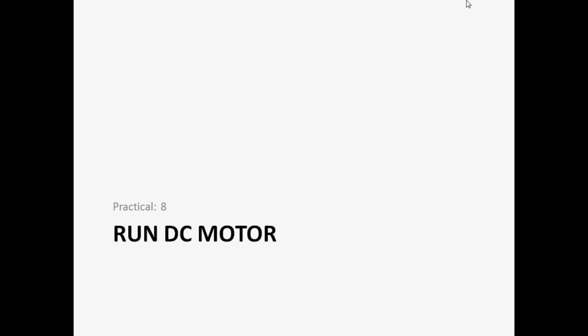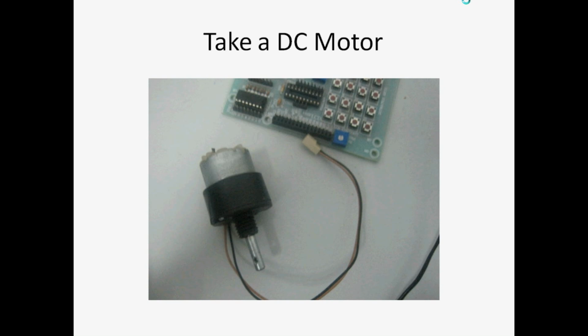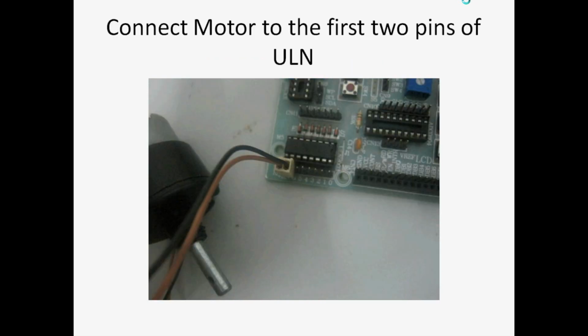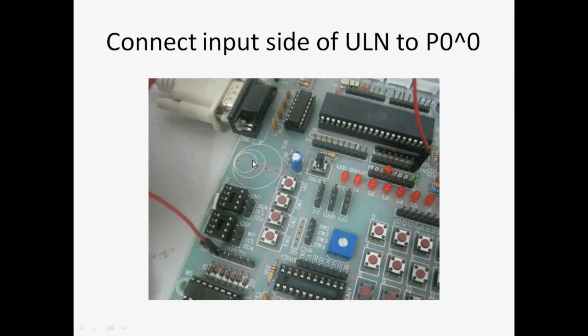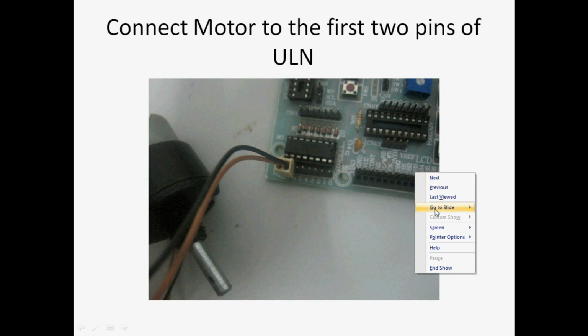Now practical 8, run DC motor. To make the circuit of a DC motor with the 8051 microcontroller, let's proceed with the following visual photographs. Take a DC motor, connect it like this. This is the DC motor jack.